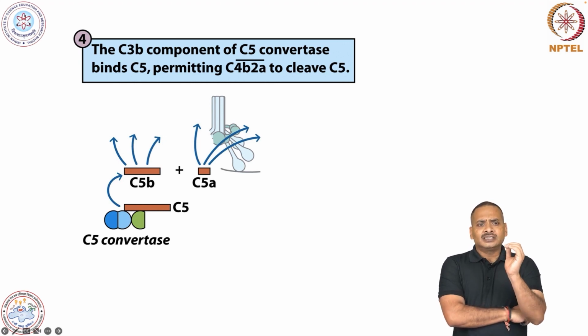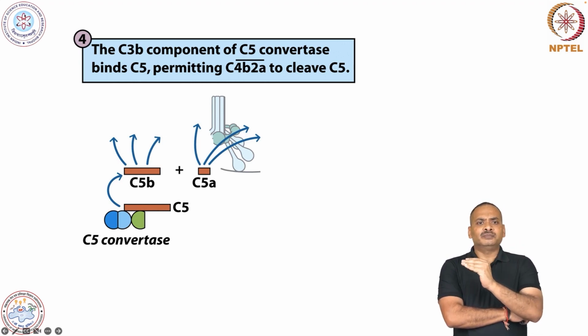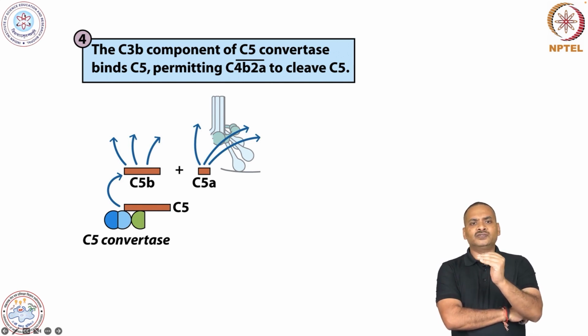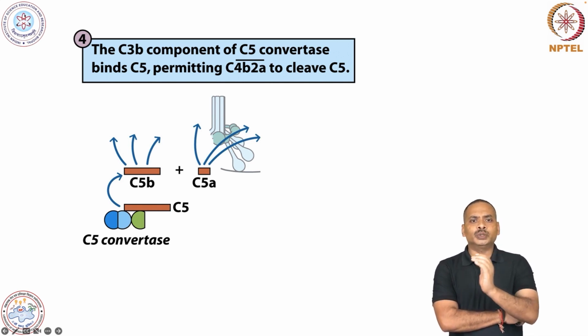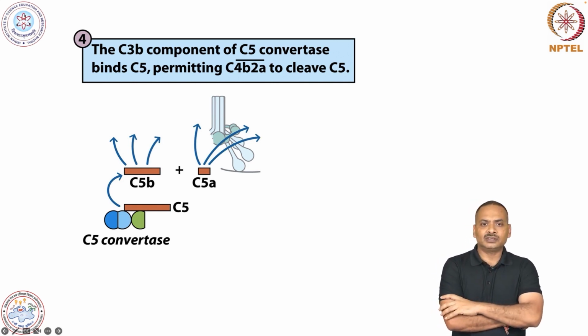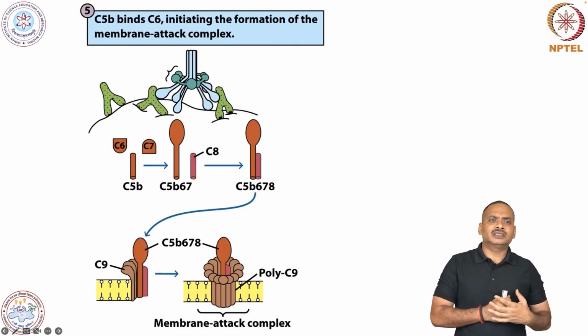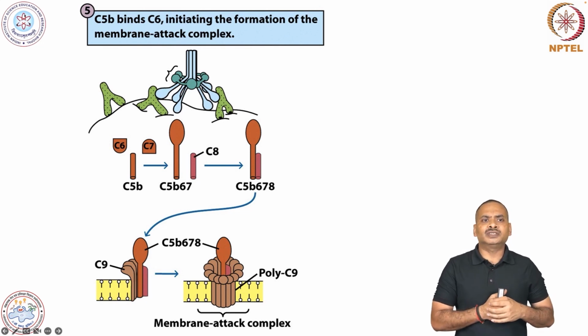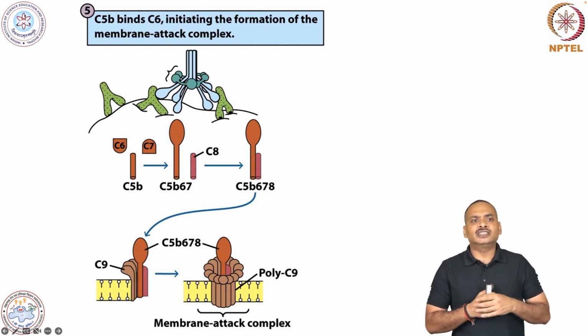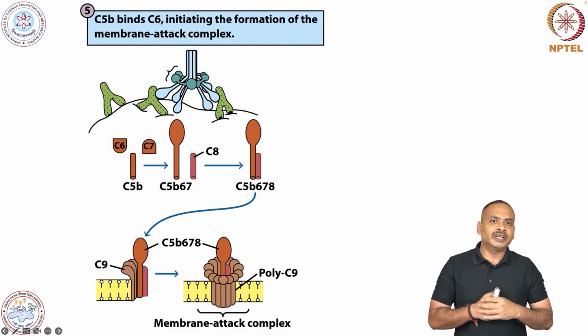The C3B component of the C5 convertase binds with C5, permitting C4B2A to cleave C5. And this C5B binds with C6 and initiates the formation of the membrane attack complex.